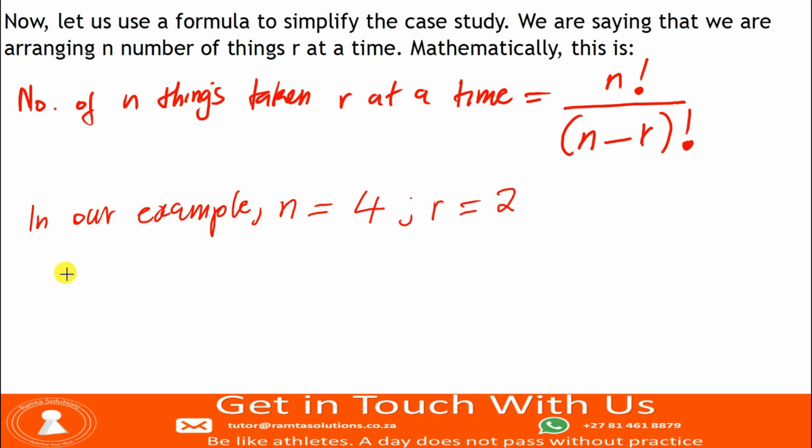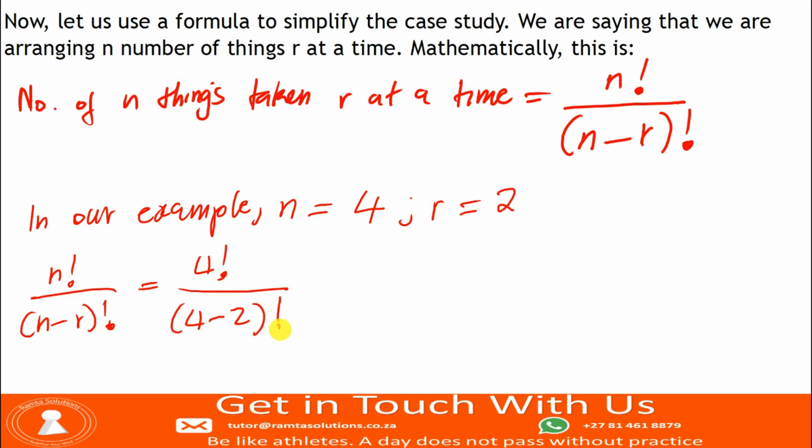Now I want you to look at it. What are you looking at? You're saying, n factorial over n minus r factorial. So this is 4 factorial over, open bracket, 4 minus 2, close factorial.